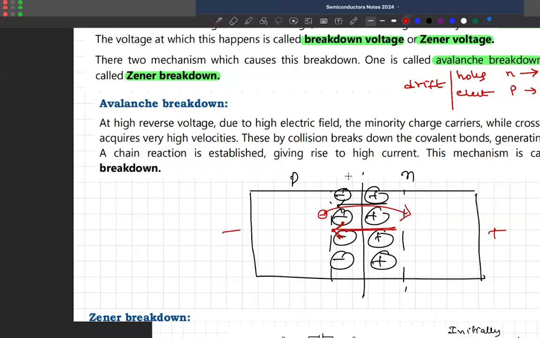That is the reason why all of a sudden you will find more current in a PN junction working under reverse bias mode, and this is like an avalanche in snow mountains.